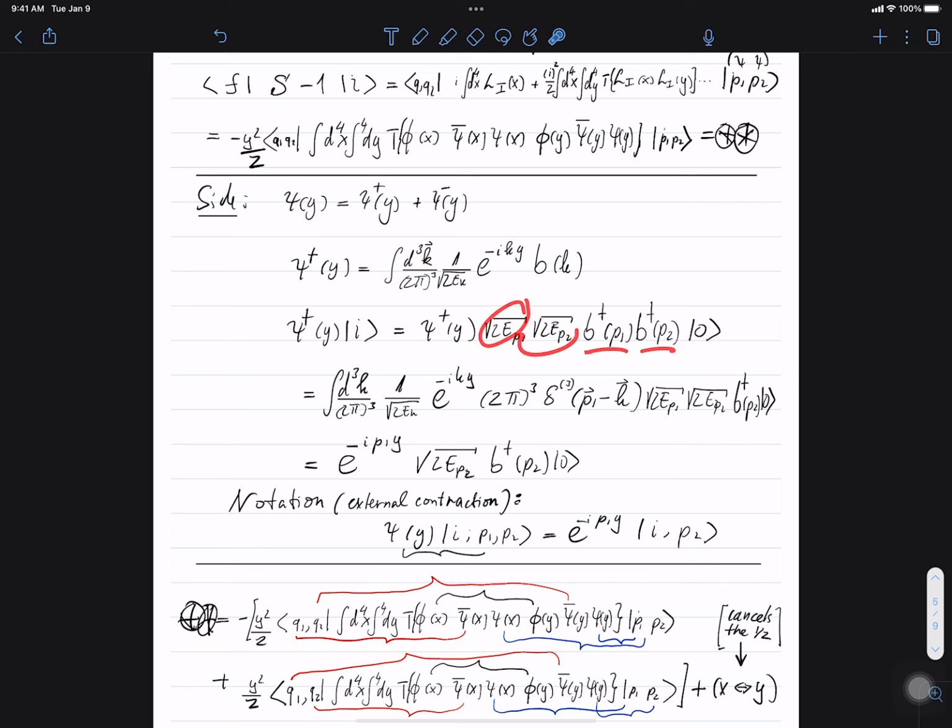And there's the relativistic normalization factor square root of 2E_p1 and square root of 2E_p2. This is essentially the initial state here. Then we act on it with this psi plus. Just put it in, and then what we have to do is evaluate the diagram.